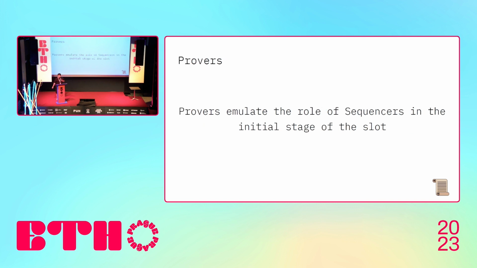And provers emulate the role of the sequencers. Actually, it's not correct. The provers emulate the role of the proposers, but yeah. So in the initial stage, they would pick the highest bidding block and basically select it and allow the consensus to build on top of it.